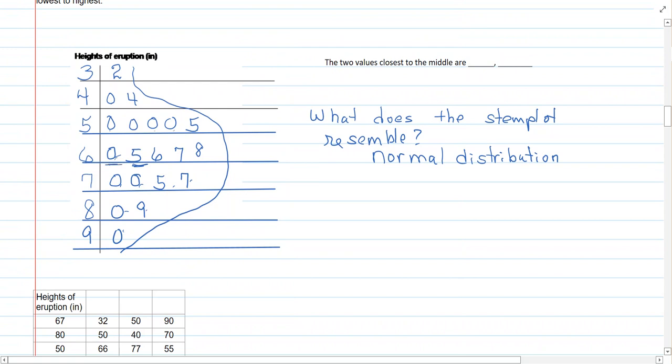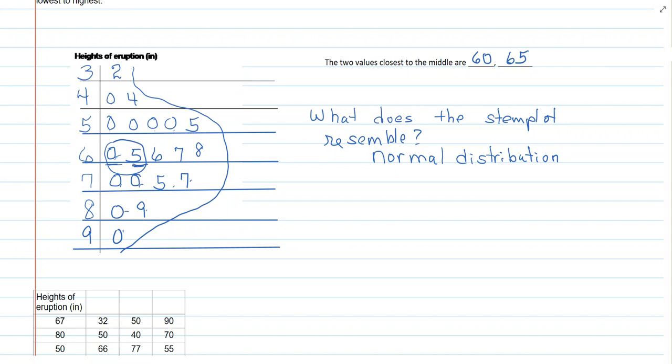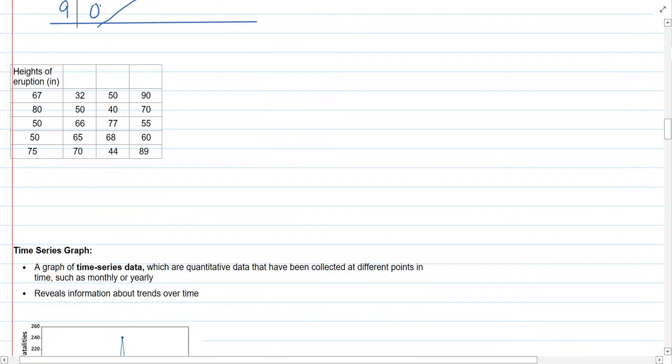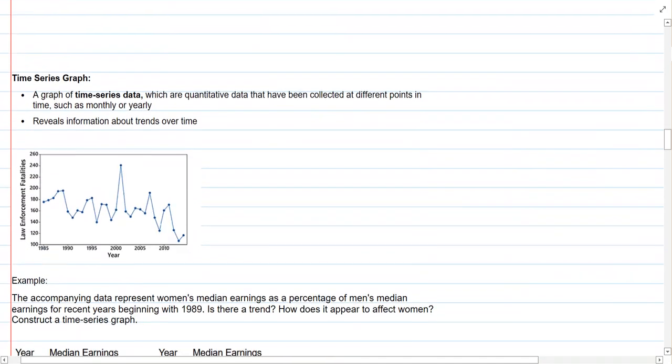So these two numbers are the two center numbers, and they are 60 and 65. They all have 9 surrounding it, and you saw how I did it. So it's very beneficial. The stem leaf gives you an eyeball of data values as well as structure.